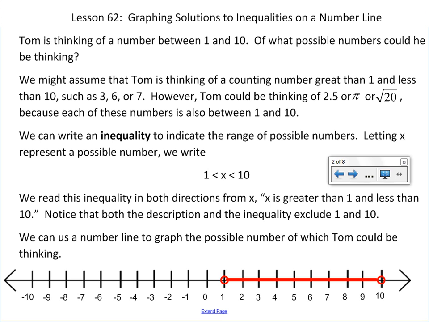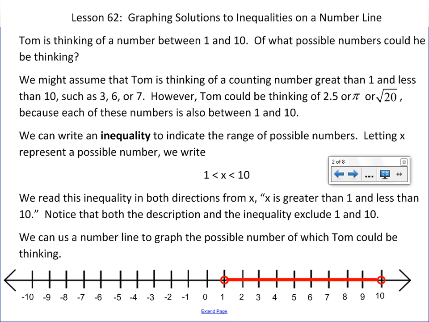2.5 obviously does. Pi is equal to 3.14. And if you punch in radical 20 into your calculator, which is the same as the square root of 20, that will get you 4.47, which is also between 1 and 10. Okay? We can write an inequality to indicate the range of possible numbers.